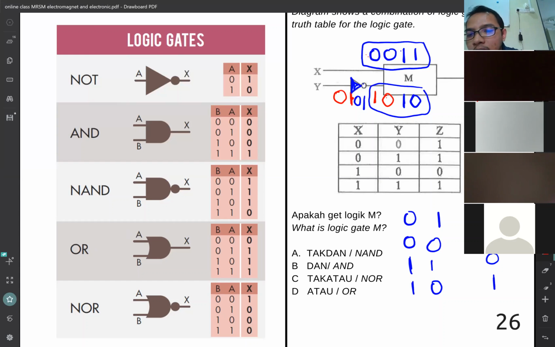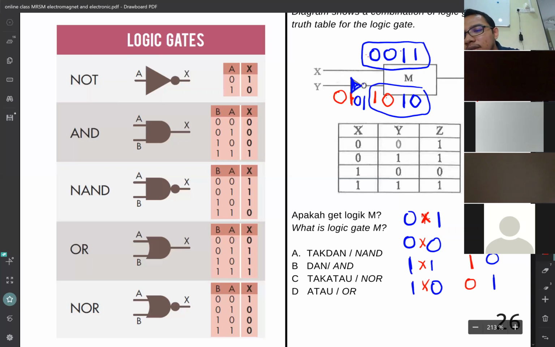Why? Because if 0 plus 1, okay, 0 plus 1 is 1, that is all. If plus becomes 1 is all, but this one, you time this first, you get 0. Okay, you time this, you get 0. You time this, you got 1. You time this, you got 0.